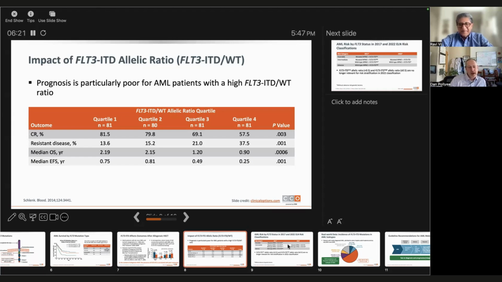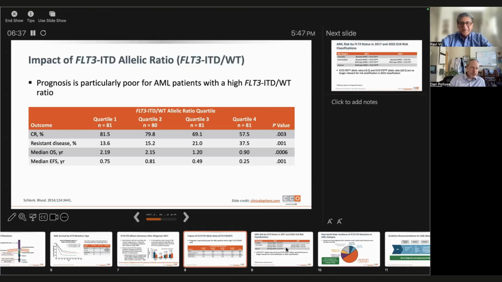Typically that was measured with respect to survival, not so much with respect to remission rates, but more on the survival side of things. Those patients did worse. And that was an important consideration.